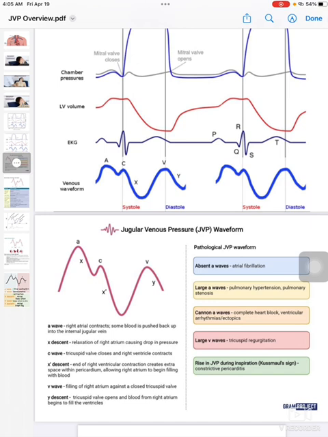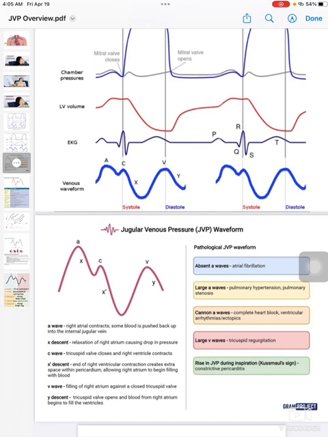Now we'll discuss the C wave. The C wave is caused by the forceful contraction of the right ventricle, which ejects blood out of the heart into the pulmonary artery. As this occurs, the pressure within the right ventricle increases significantly, forcing the tricuspid valve upwards so much that it projects partially into the right atrium.